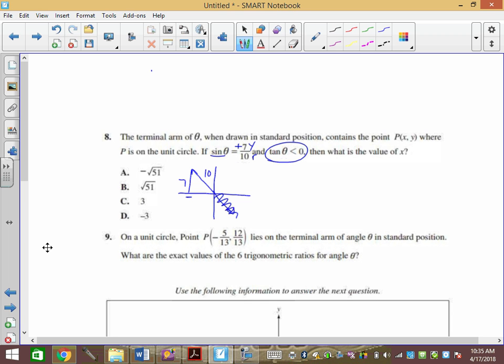So we're going to do x squared equals 10 squared minus 7 squared. x squared equals 100 minus 49. x squared equals 51, square root it, x equals negative root 51, and the only reason why you get the negative is because you drew it, and by drawing it, you knew that x had to be negative. That's why I always say you have to draw.